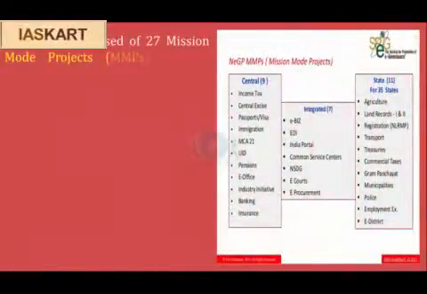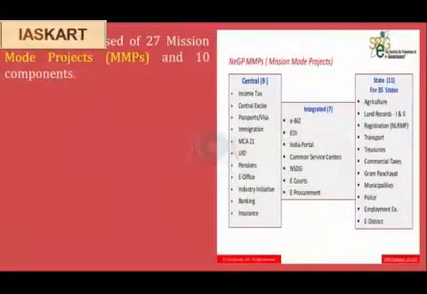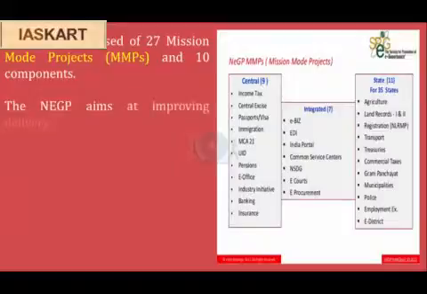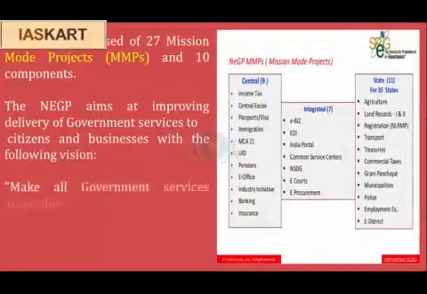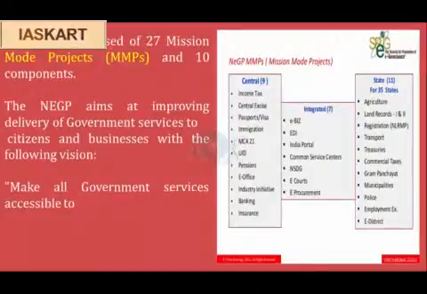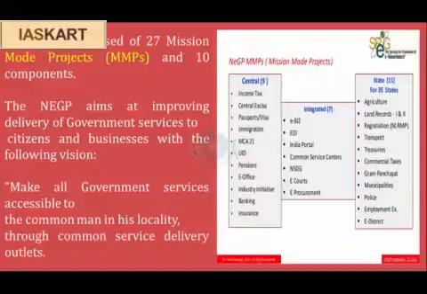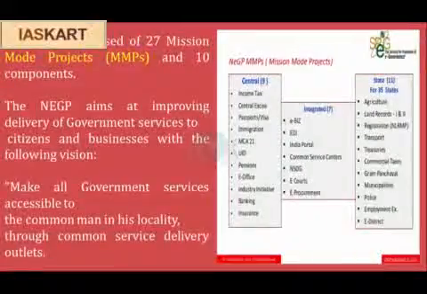This plan comprised of 27 mission mode projects and 10 components. The NEGP aims at improving delivery of government services to citizens and businesses with the following vision. Make all government services accessible to the common man in his locality through common service delivery outlets.